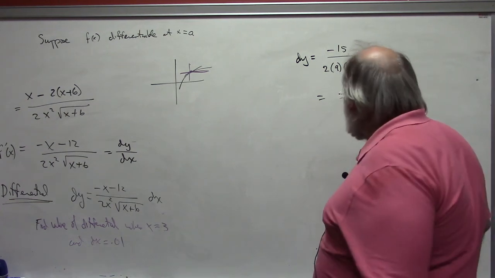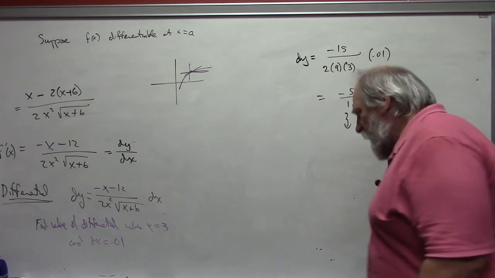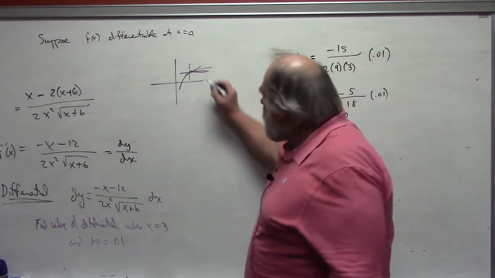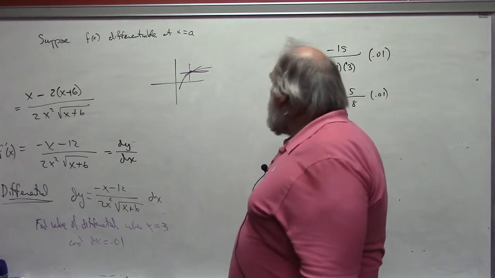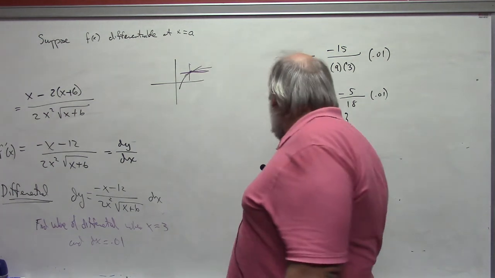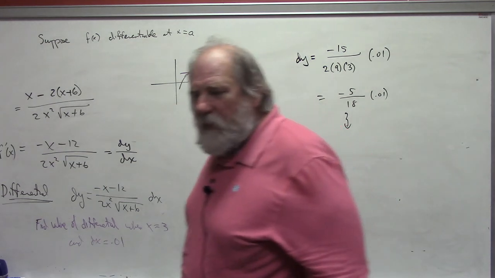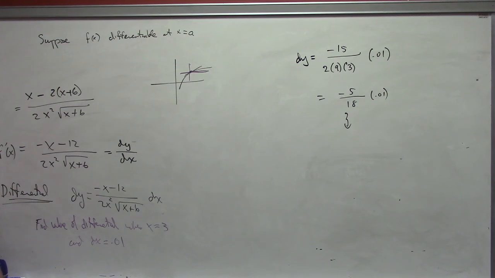I don't want to figure that out, but basically what this says is that when I change my x value by 0.01 from this point where I'm creating my new axis, my dy value is going to change by whatever this number is.